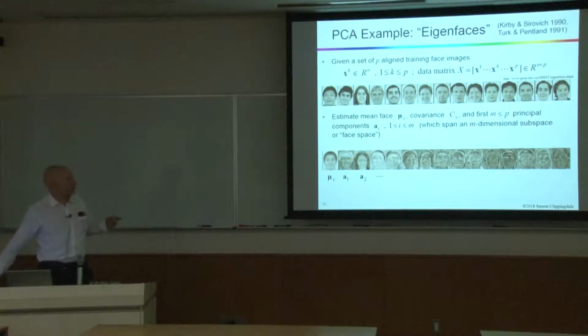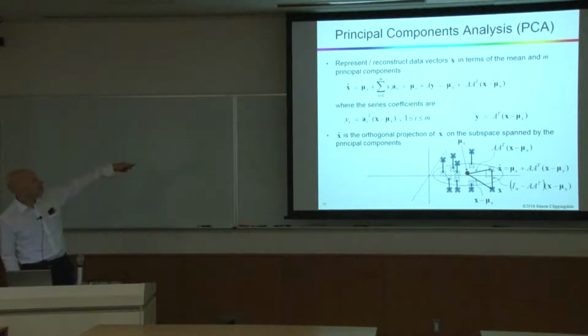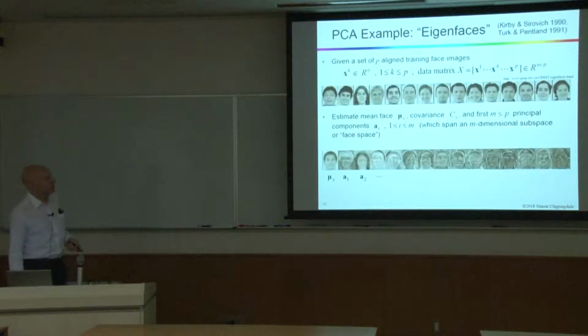So if you think of trying to reconstitute a face, if I just go back to the previous slide, you try to reconstitute a face as a mean plus something times eigenvector 1 plus something times eigenvector 2, etc. You can think of a face as being this plus something times A1 here, which is going to make this area lighter and this area darker, plus something times A2, which is going to make this area darker and these bits lighter, and so on.